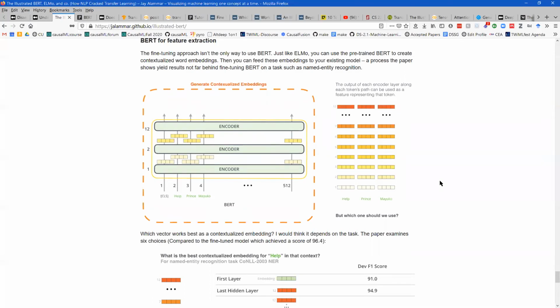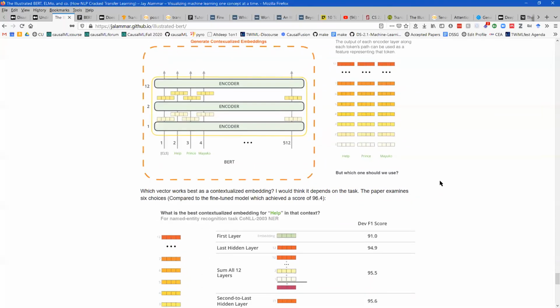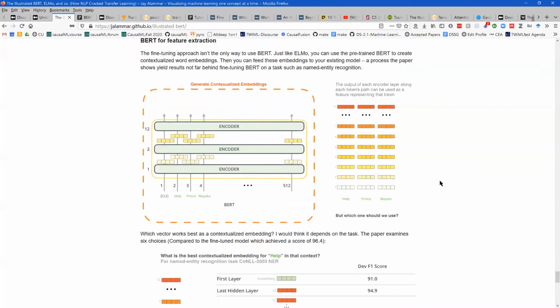In ELMo you got 2 embeddings, from the first and second level LSTM, and you weight them differently and combine them with the input embeddings. So you had 3. Here you get 12, and depending on the task, you can weigh any one of those 12 embeddings appropriately, and as Gautam was saying, make them hyperparameters and tune them to get the best result for that task.